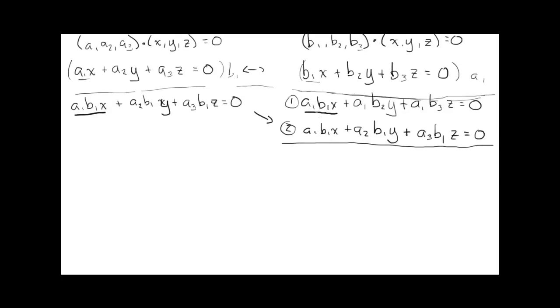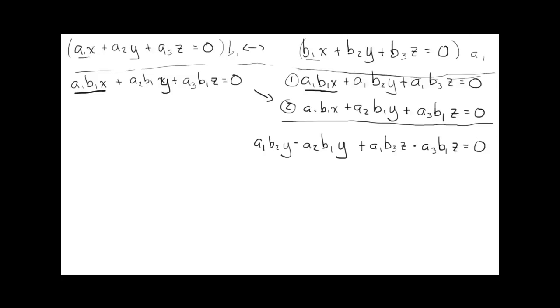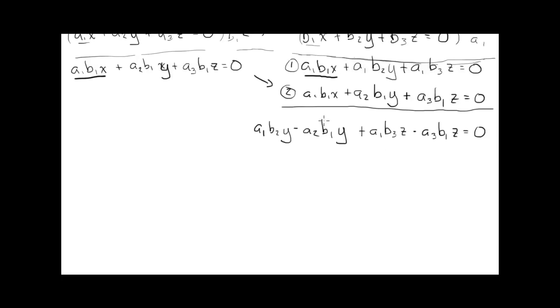So these two terms will go away, and then I'll have A1 B2Y minus A2 B1Y plus A1 B3Z minus A3 B1Z equals 0.